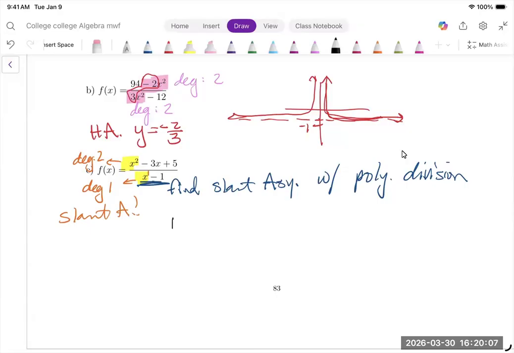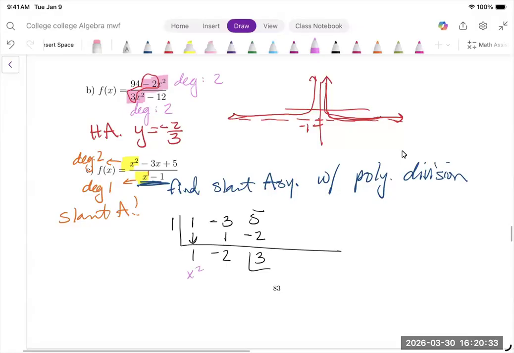So we can have 1 on the outside and then 1, -3, 5 on the inside. Drop the 1 to get the ball rolling. Remember that your check mark is multiplication. So 1 times 1 is 1. Add down, -2. 1 times -2 is -2. Then we add down, so that's 3. Keep in mind, this represents your x, your constant, and your remainder.